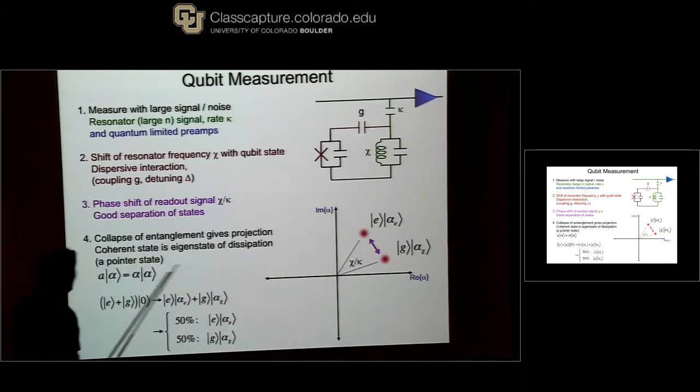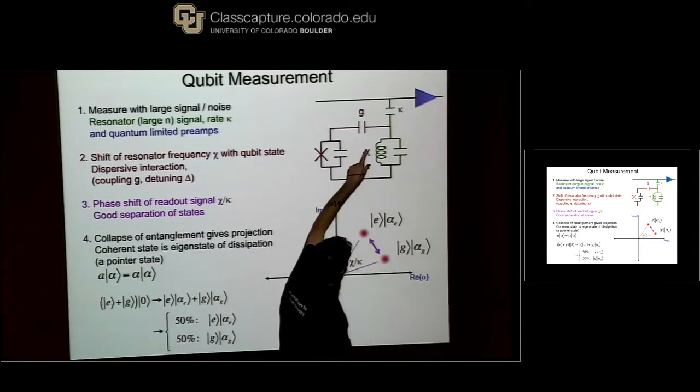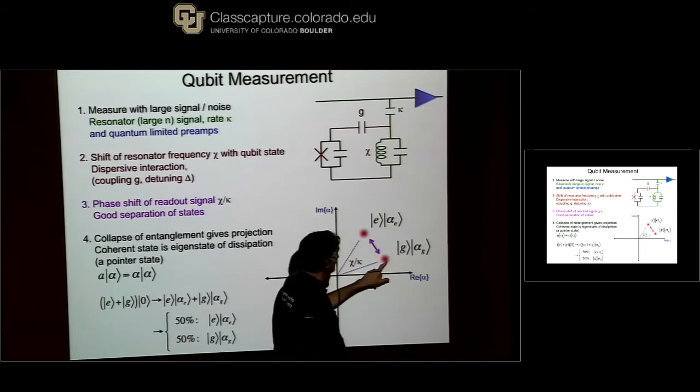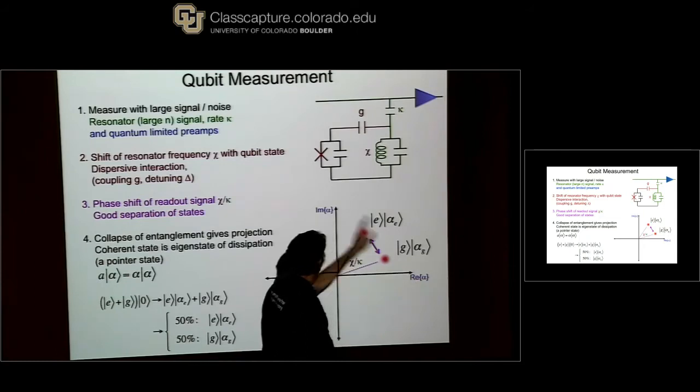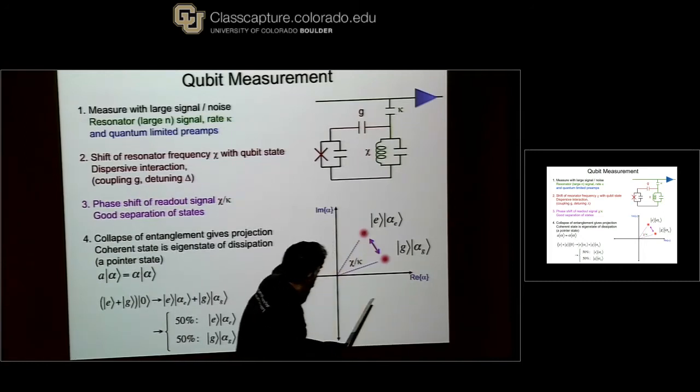If we're in the ground state of this qubit, the signal coming out of here will have a certain phase. This is the real and imaginary part of this output signal in the rotating frame I was talking about. And if this is in the excited state, because this frequency is different, the reflection coming off of here will be at a different phase, because it's a different frequency and it reflects differently.